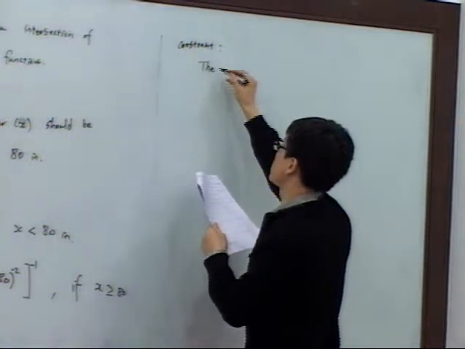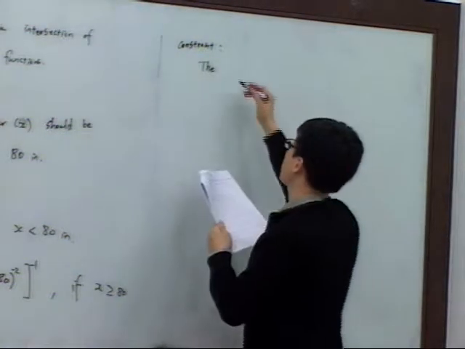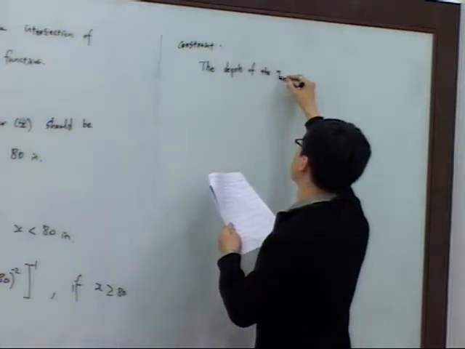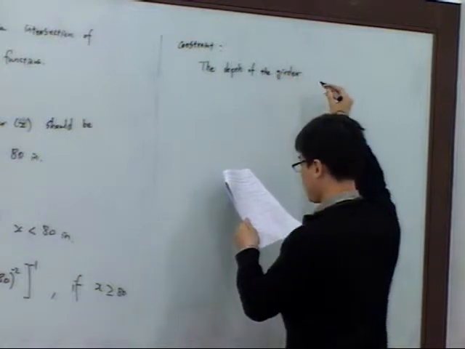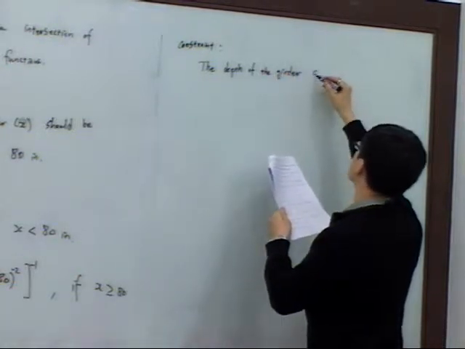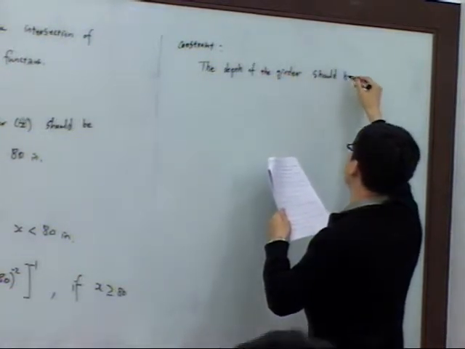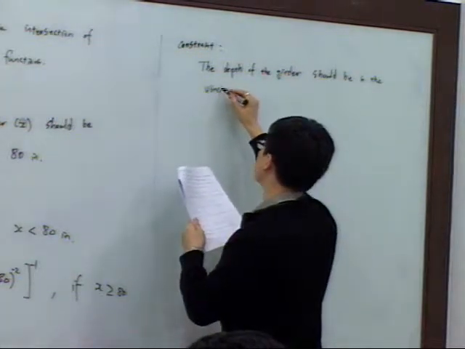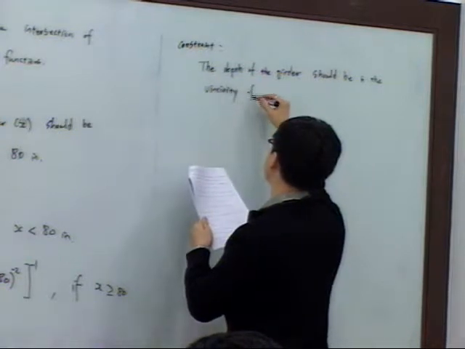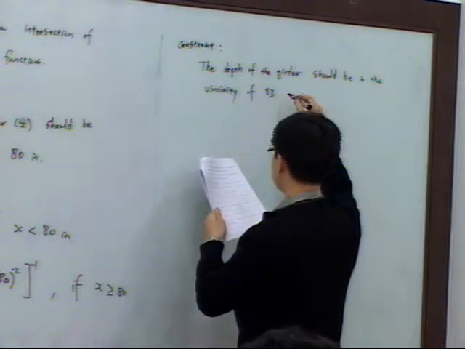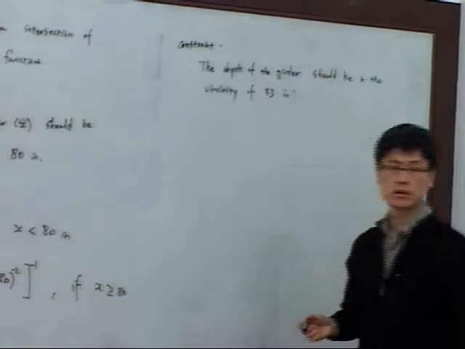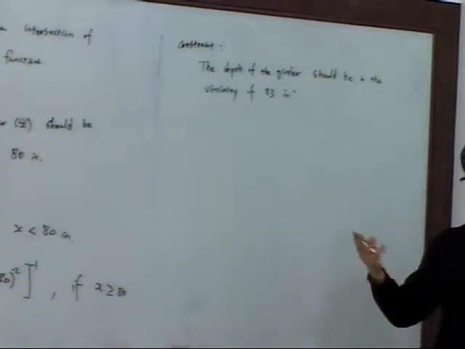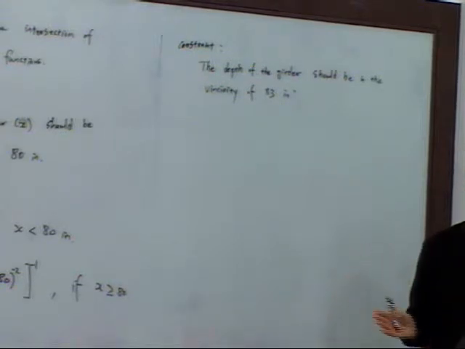So let's assume the constraint is given like the depth of the gutter should be in the vicinity of 83 inches. This one says that, well, it should be around 83.